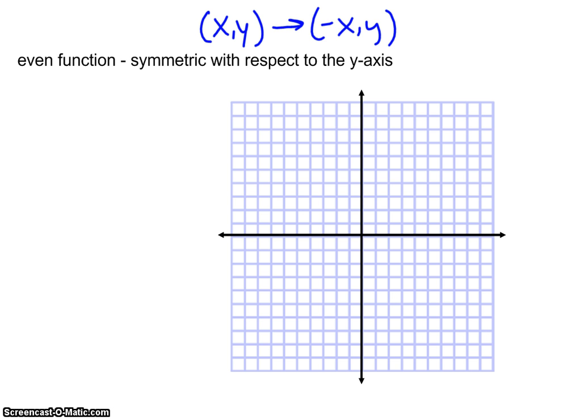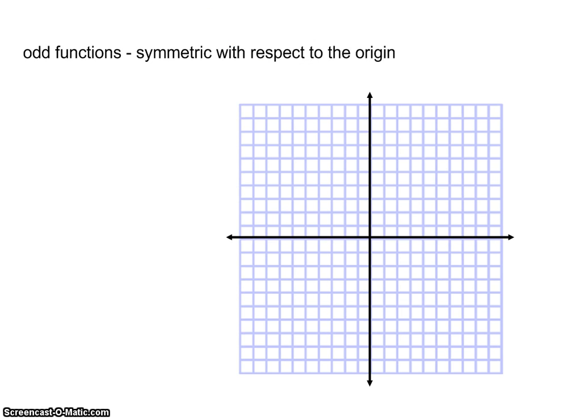So all we're going to do is test it to see if it's symmetric with respect to the y-axis. Odd function, symmetric with respect to the origin. So same thing, that's what we'll check. If anybody asks, is it an odd or an even function? I'm going to say it is if it has symmetry with respect to the origin, which again is opposite of x, opposite of y.